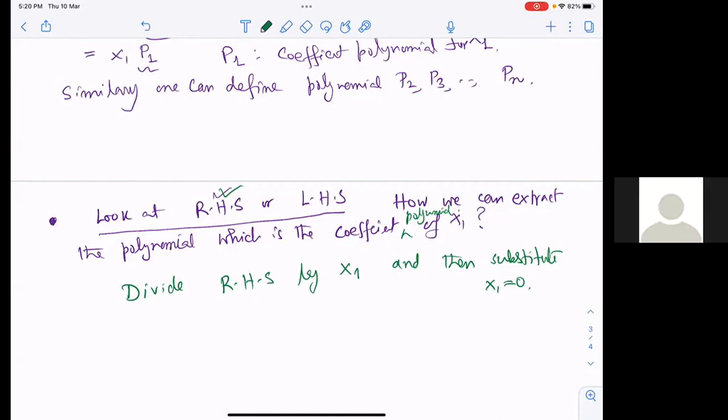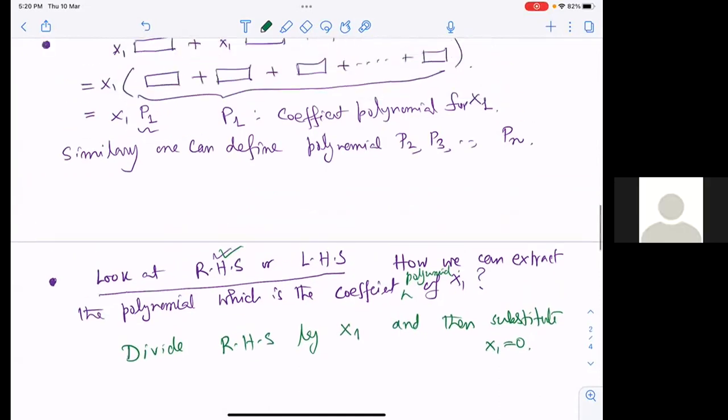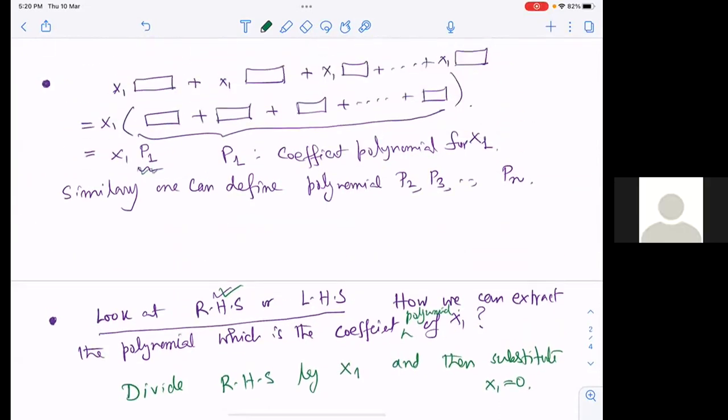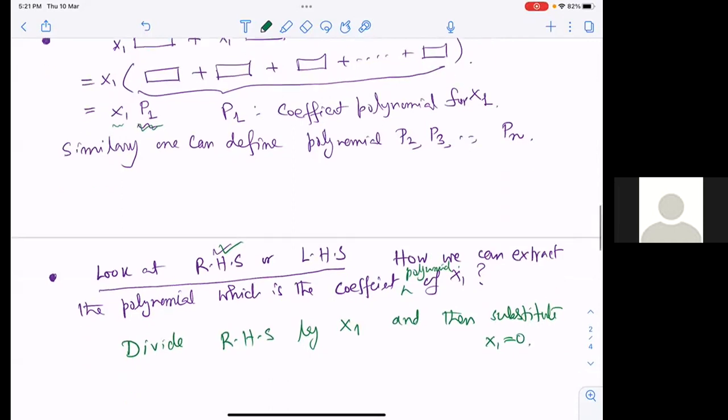I want to maintain the terms which have x1 exactly once. That's the definition of P1. P1 is the term where x1 happens to be exactly once. Whoever asked, is it clear to you? Yes, it's okay.